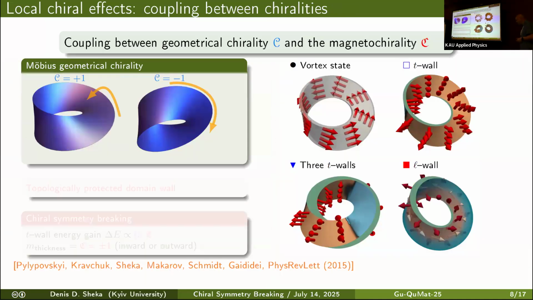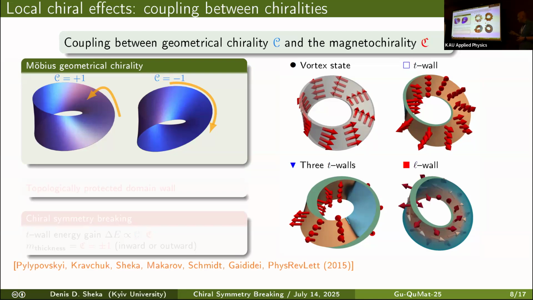Next, I would like to explain one more effect: a coupling between the geometrical chirality of the substrate, the magnetic chirality of the texture, and topology. Right here you see the Möbius ring. Geometrically, there exist two rings, the right-hand and the left-hand Möbius. Depending on the geometrical and magnetic parameters, a lot of different structures can appear, for example different domain walls.